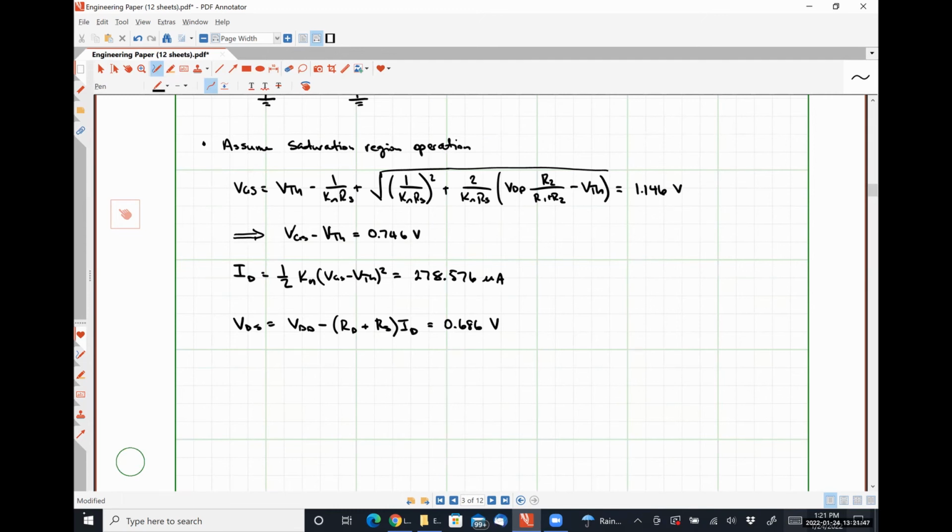Now, we would have to rework the problem, assuming triode region operation. Luckily, we can just go to the equations that we've developed.